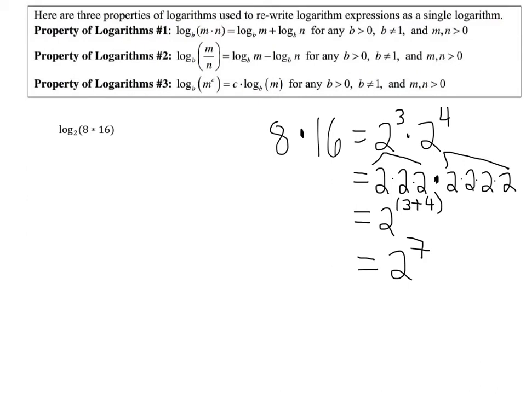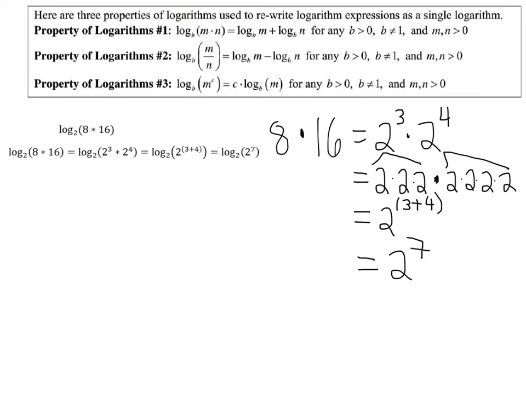Putting this understanding together with the initial logarithmic expression that we were given, we can see that log base 2 of 8 times 16 will equal log base 2 of 2 to the third power times 2 to the fourth power. We know that equals log base 2 of 2 raised to the 3 plus 4 power, and that equals log base 2 of 2 to the 7th power.